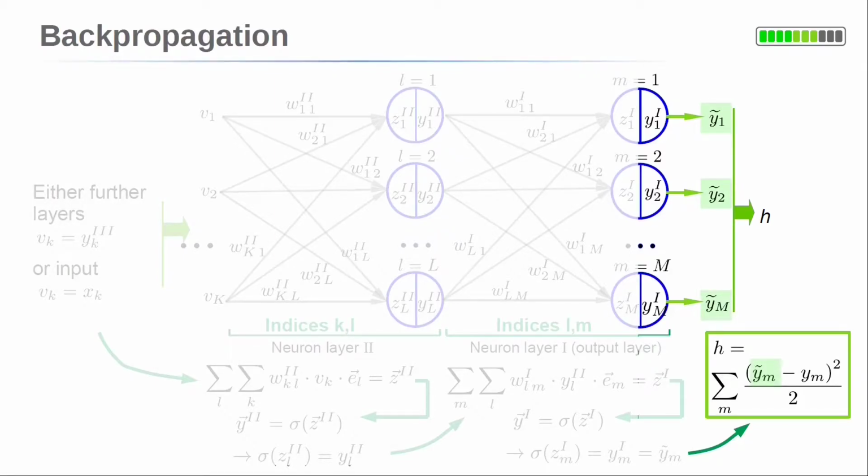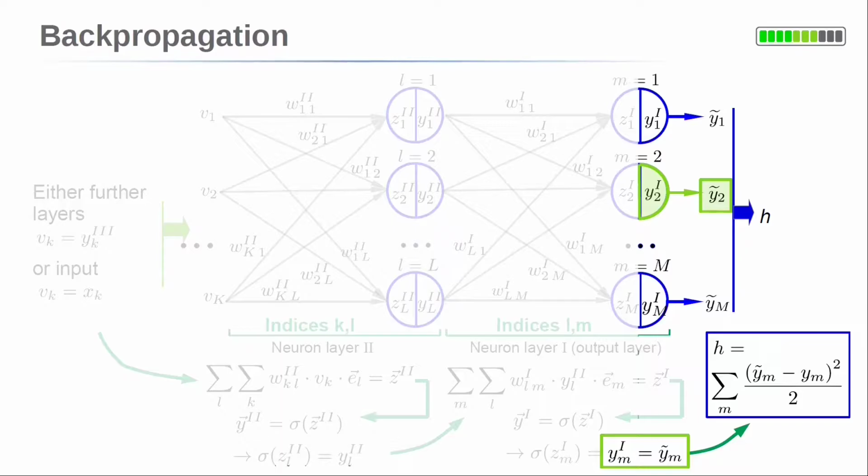It sums the squared differences of the capital M outputted components, y tilde m. Note that here we take only a single data point into account. If you want to take more data points into account, an additional summation over the data points needs to be performed in the cost function.